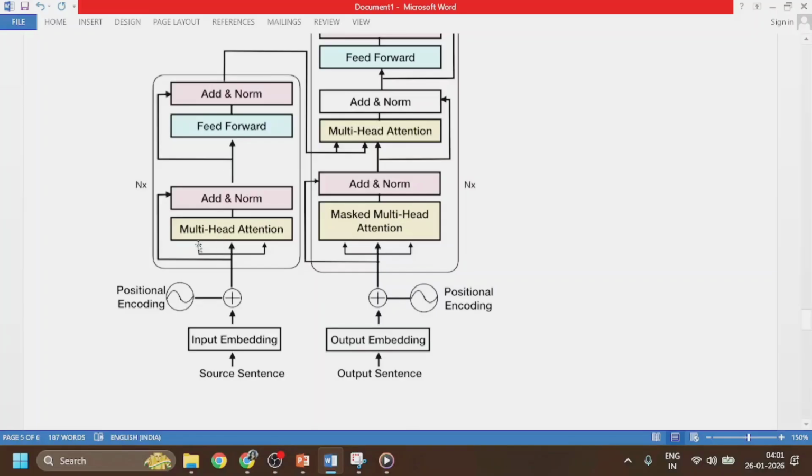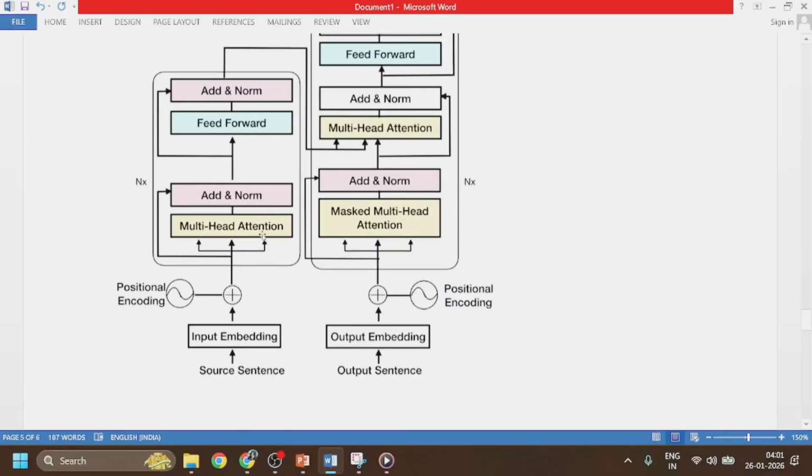So, self attention. Self attention allows each word to look at other words in the same sentence. For example, in the sentence "I love programming in Python," programming may pay more attention to Python.